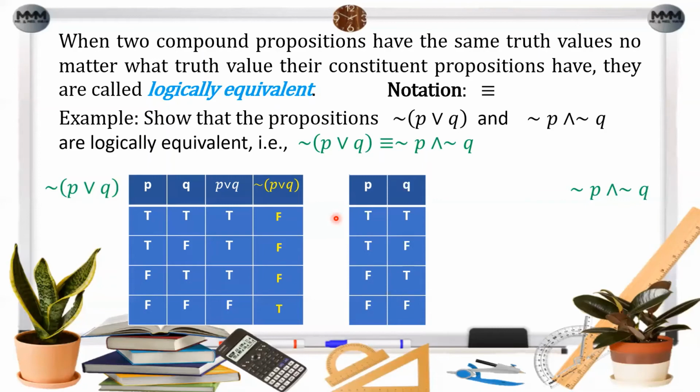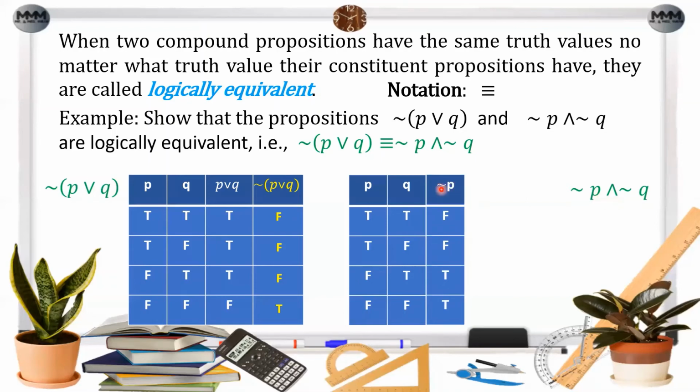Why did we construct the not P column? Because we are to find not P and not Q. So first, we will construct the truth table of not P. Next is for not Q, before we can get this compound proposition.